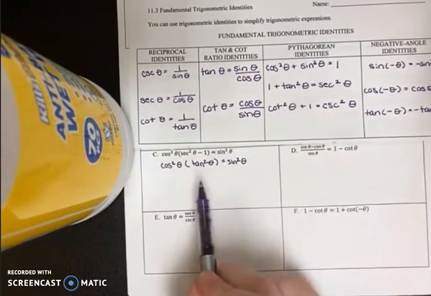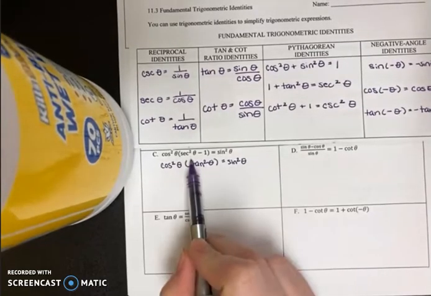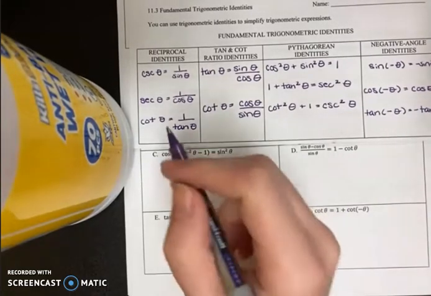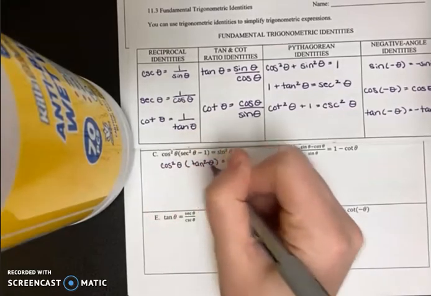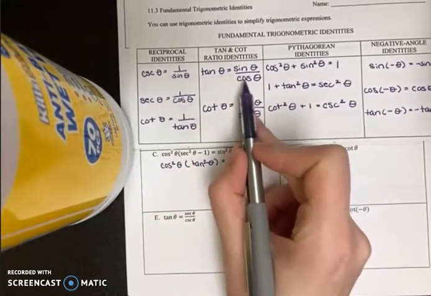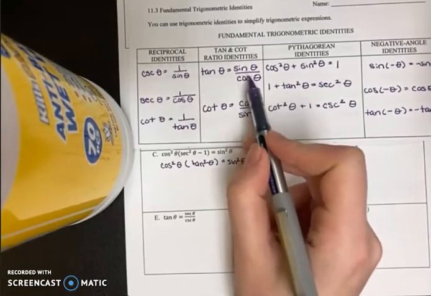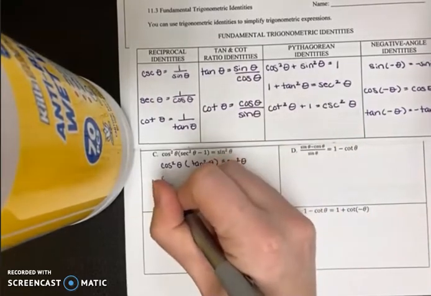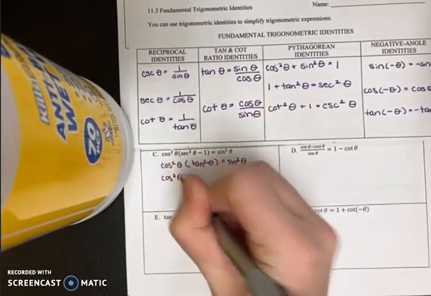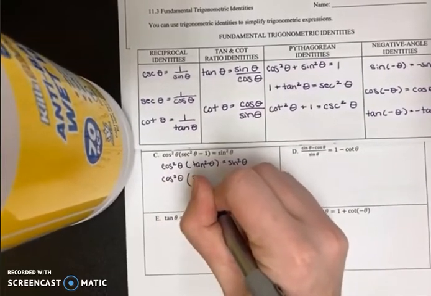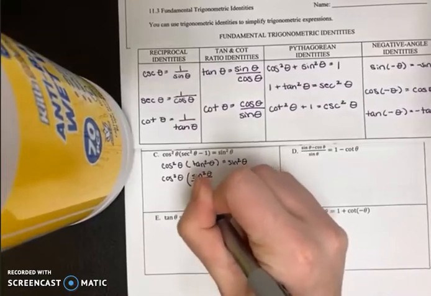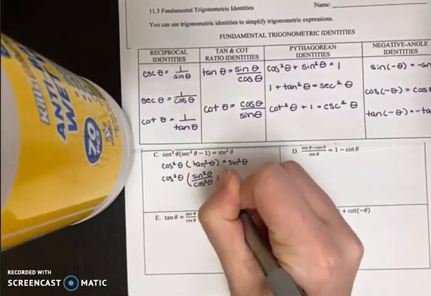Same with tangent squared. In fact, if I did that, I would go right back to where I started. So instead, I'm going to rewrite the tangent as sine over cosine, but because it's squared, I need to make sure that it's sine squared over cosine squared. And you'll see the method behind my madness once I do this.